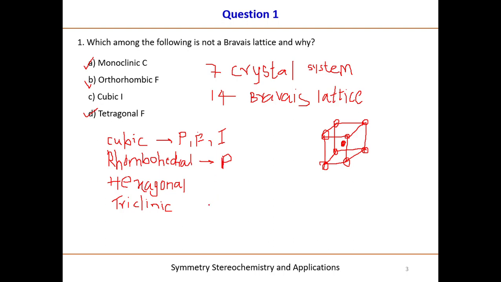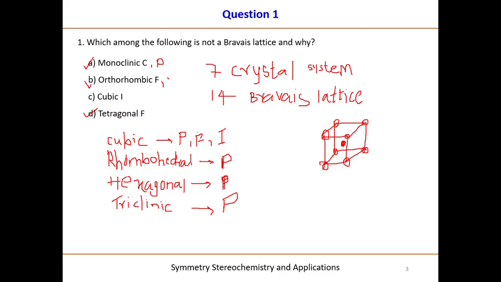While talking about the hexagonal, hexagonal also has only primitive Brevis lattice, primitive P, and triclinic also has only primitive lattice. While in case of the monoclinic, there are 2 systems present. First one is cubic and the second one is primitive. So both cubic and primitive are Brevis lattices in monoclinic.